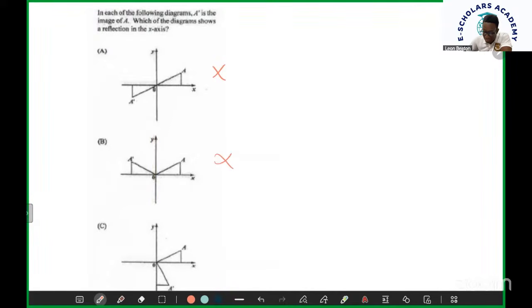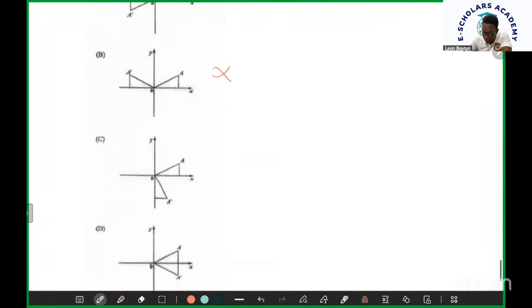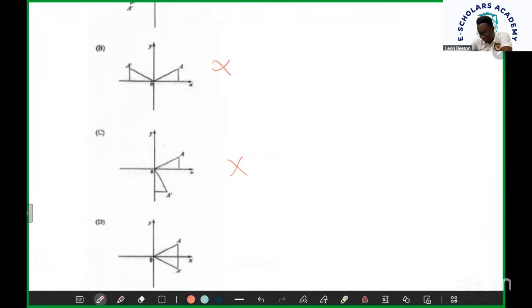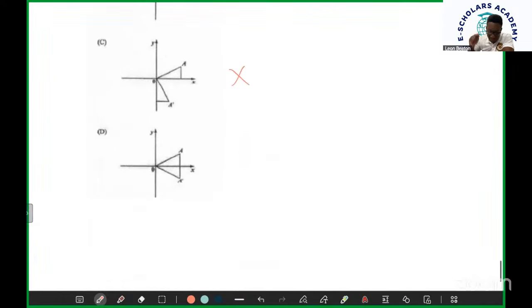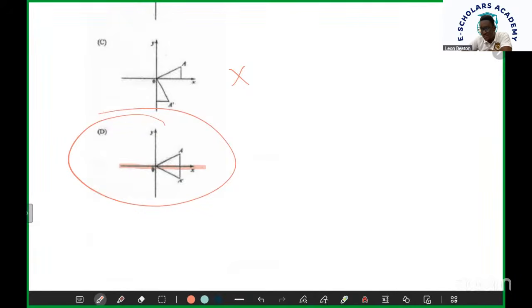Nah, this is probably showing a rotation or something. And obviously we see this is the x-axis, and this looks like a reflection in the x-axis, which is D. So D is the answer there.